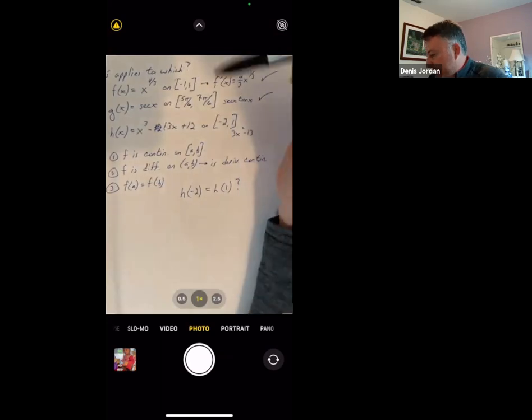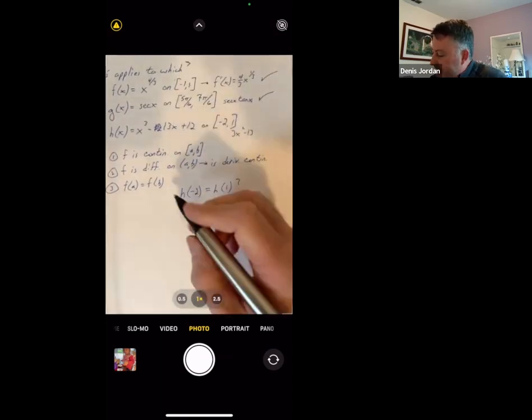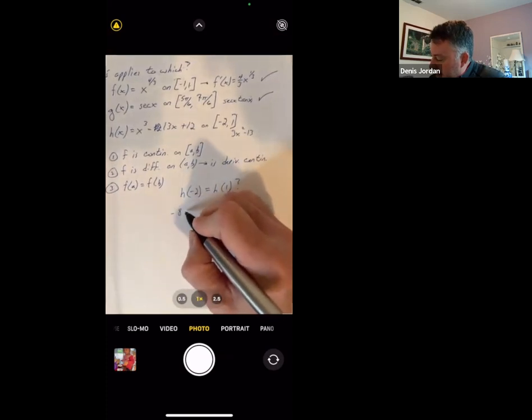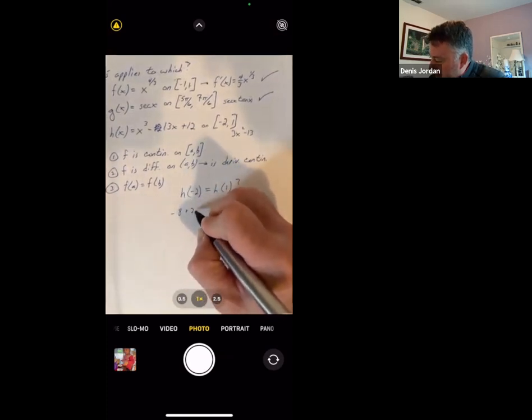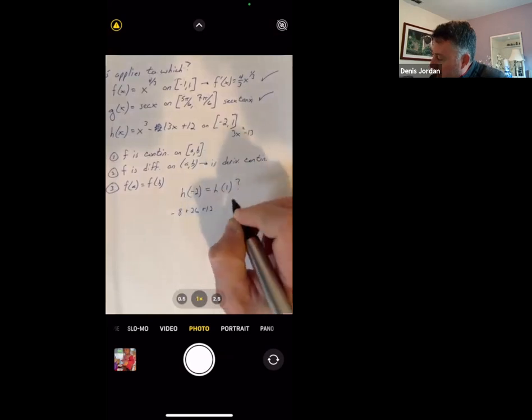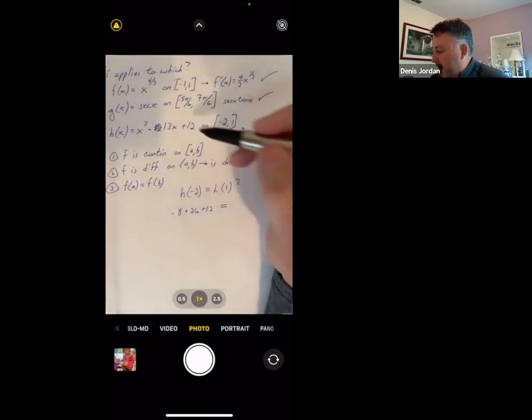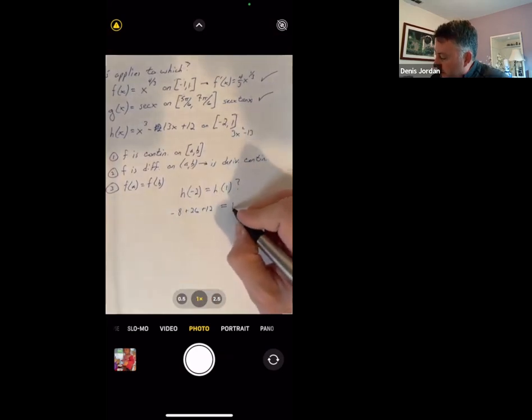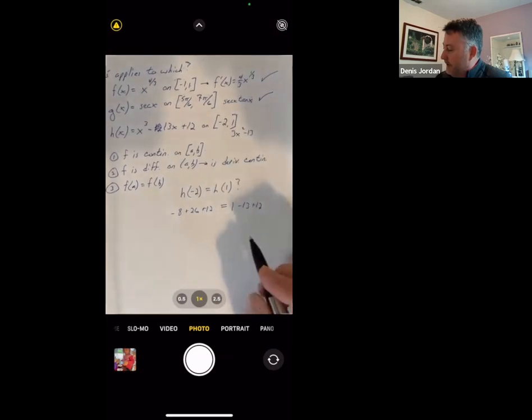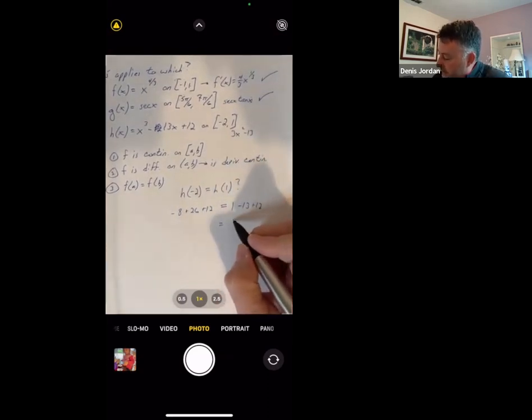If you plug in -2, that would be -8 plus 26 plus 12. If you plug in 1, you have 1 minus 13 plus 12, so h of 1 is 0.